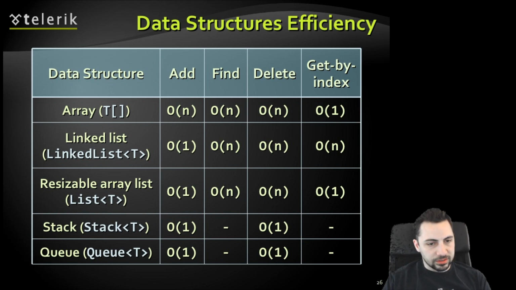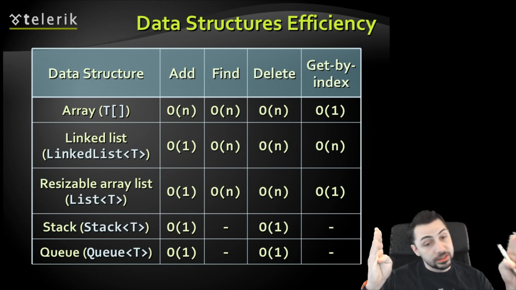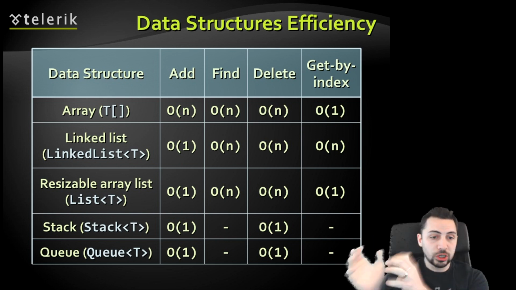Now, a linked list is a different type of data structure. We haven't seen that type of data structure. On the whole, adding things is actually constant time because it deals with pointers to other pointers. But finding, it's still linear. One points to the next, points to the next. So instead of being a contiguous block of memory, it's a bunch of chunks of memory.